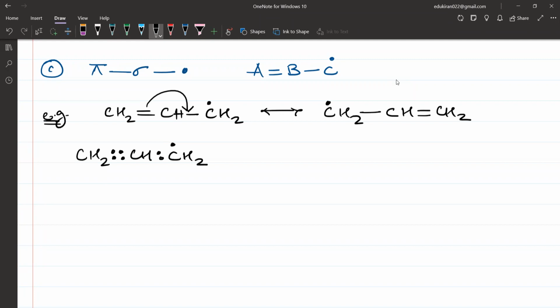Now, first of all, what happens? There is a cleavage of the bond like this. The pi bond breaks, so you get an intermediate structure in which you have CH2 with the 2 electrons, then CH with again 2 electrons, and then CH2. Now all the carbon atoms here have a free radical.